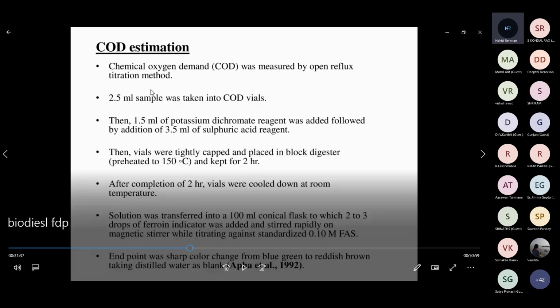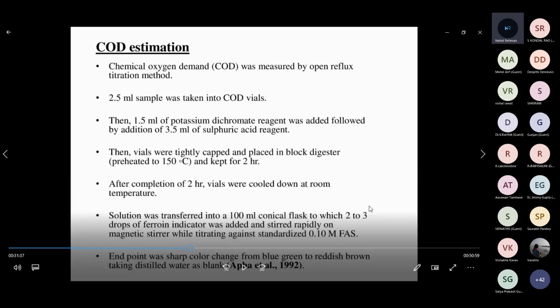For that you have to take your sample in the COD vials, and 1.5 ml of potassium dichromate reagent is added, followed by addition of 3.5 ml of sulfuric acid, and then these vials are capped properly and put in the preheated block digester and kept for 2 hours. After completion of 2 hours, vials are cooled down to room temperature.